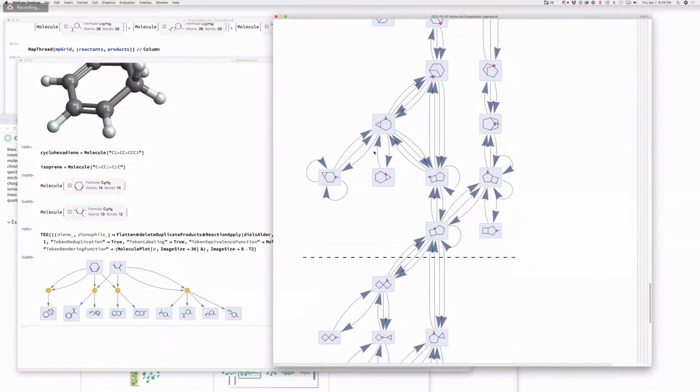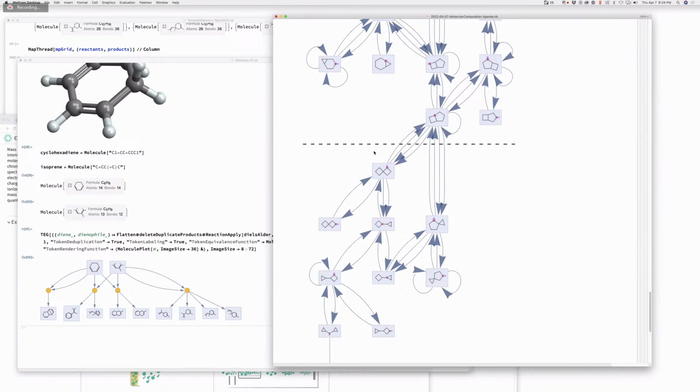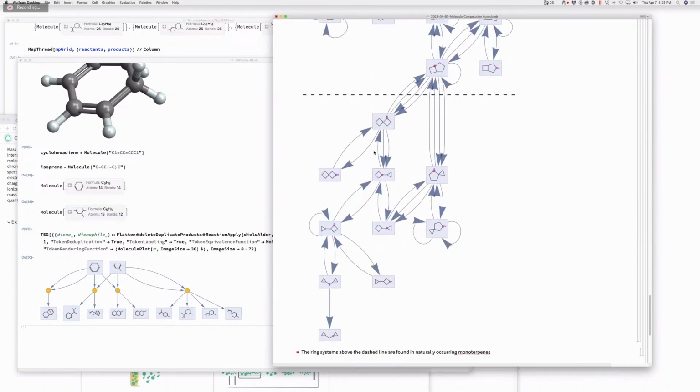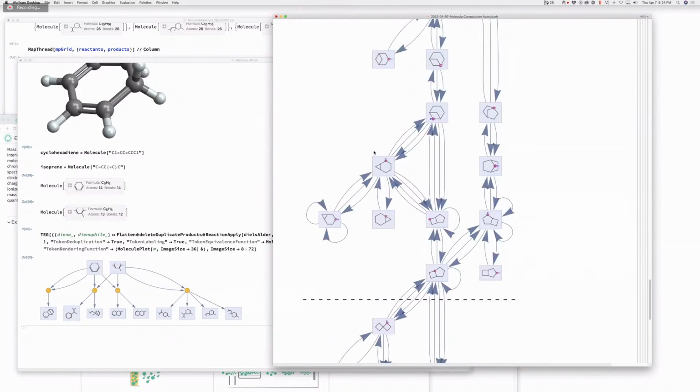The dashed line represents the demarcation between 2 groups. All the molecules that you see above the line, you will find those ring systems in natural terpene molecules. They're all formed biologically, and the ones below the line have not been observed in nature.